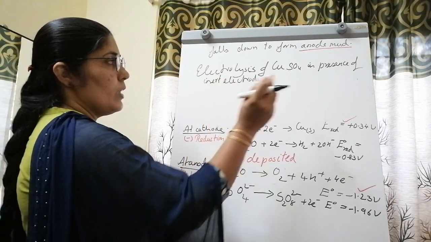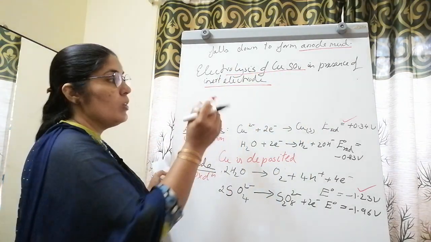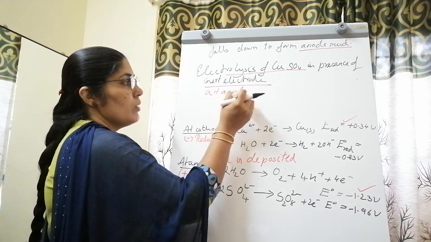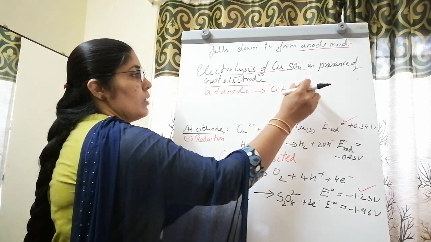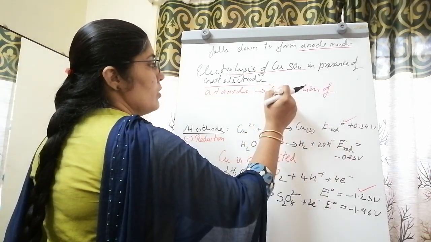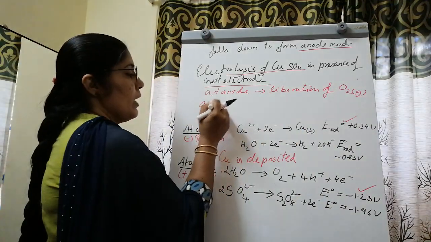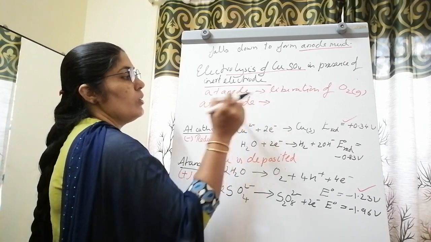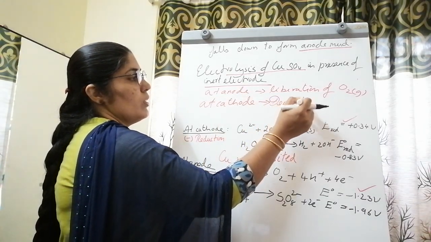When you take the electrolysis of copper sulfate in the presence of an inert electrode, you have at the anode liberation of oxygen gas, and at the cathode you will have a deposition of copper.